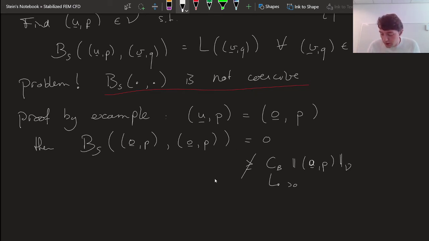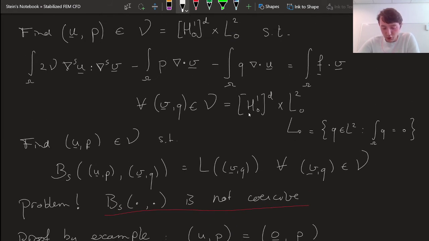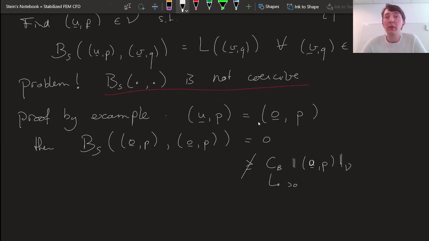To be honest, this is the V norm, and I don't even know how to define the V norm, which is this combination of the H1 and this L2. But it doesn't matter, because whatever definition of the norm I might choose, the only way that it's going to be zero is if the thing inside of the norm is zero, right? That was one of the definitions of a norm. And well, this is not zero. This is 0, p. The only way that I would have a zero norm is if it was 0, 0 and not 0, p.